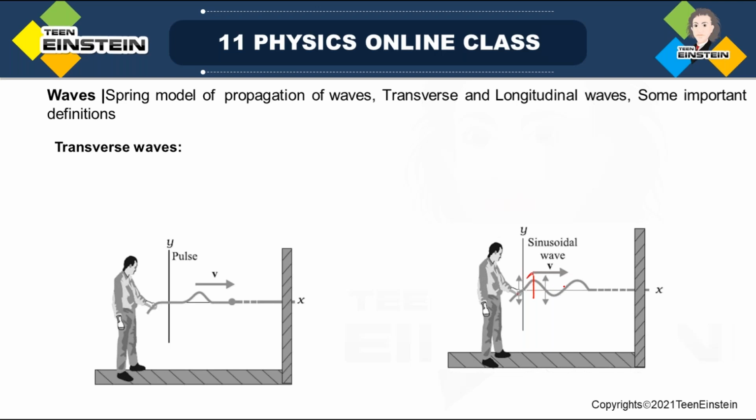Here it is up, here it is down, here it is up, and some particles are moving down, whereas the wave is propagating in this way. A sinusoidal wave will be produced if you give a smart jerk and then hold it. Okay, so this is the wave.